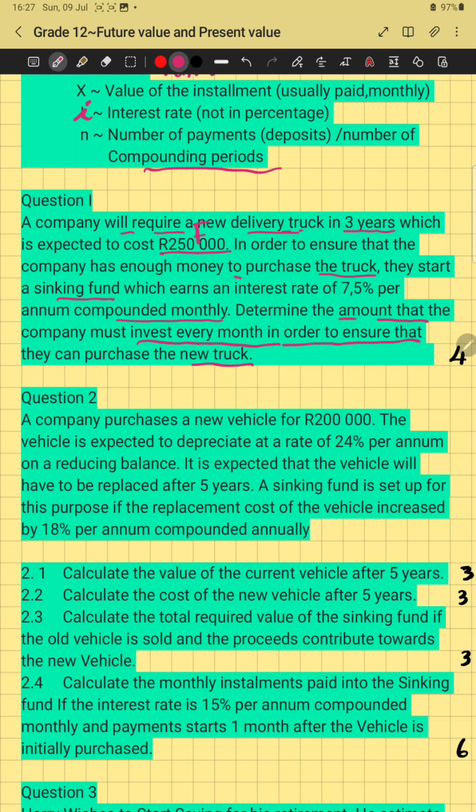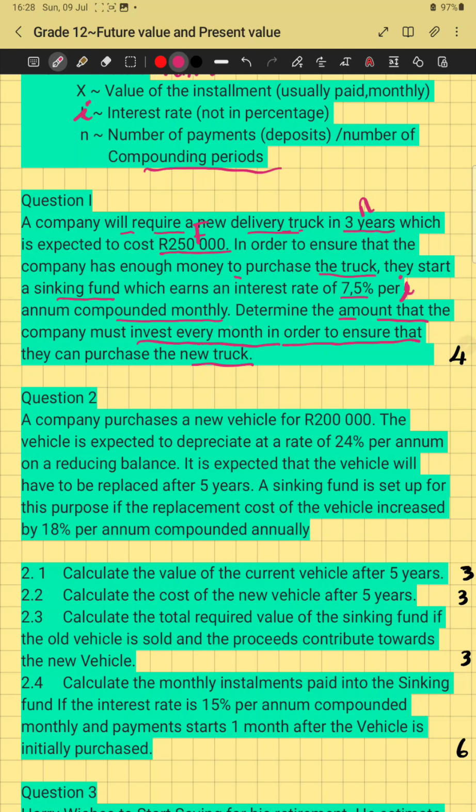This is for F. We also know the percentage, which is i, 7.5. And we also know the number of years, the period, which is n, 3 years. And all of that is compounded monthly. That means they are going to deposit an amount of money each and every month. That's what they mean when they say compounded monthly.